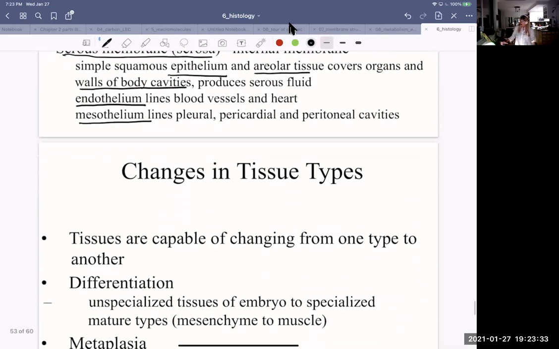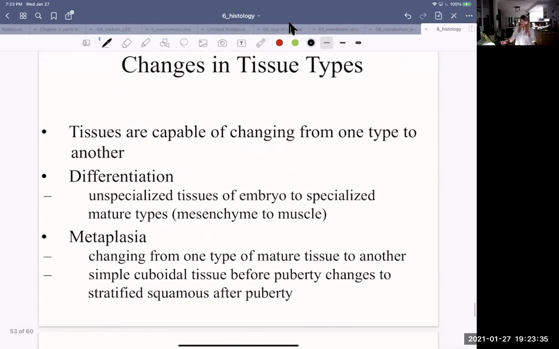Can tissues change? They can change from one type to another. That's called differentiation. So unspecialized tissue in the embryo becomes specialized. So there's some tissue in the embryo called mesenchyme. It's not functional in the embryo, but it differentiates into muscle tissue during development, which of course is functional in contraction.